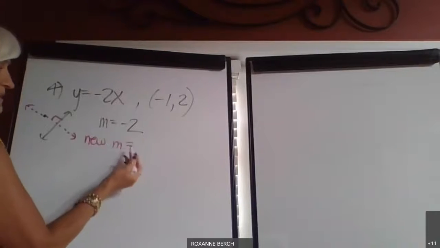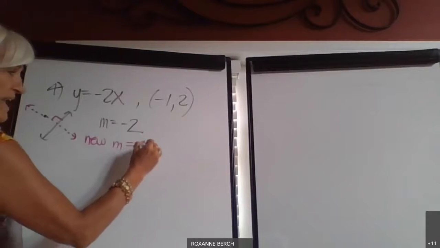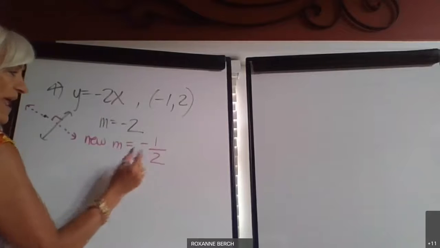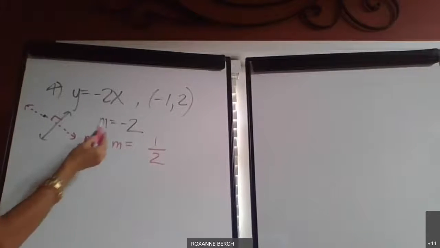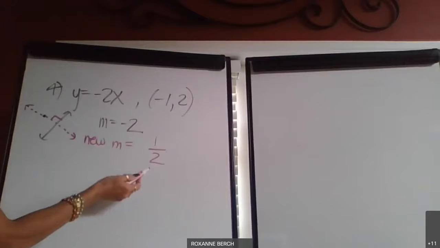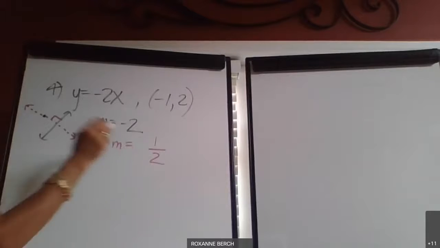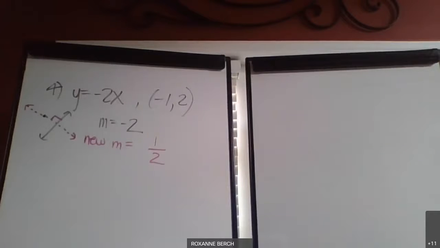Remember, if the slopes are perpendicular, you have to take the reciprocal and negate it. So the reciprocal would be negative 1/2, and to negate it would be a positive. So that's the slope you have to use for your new line.